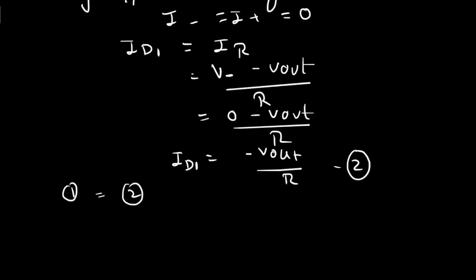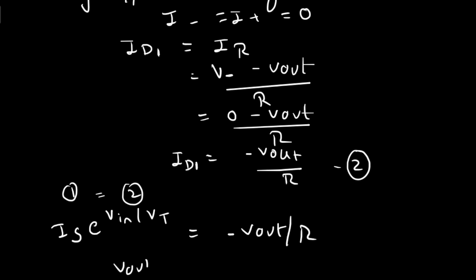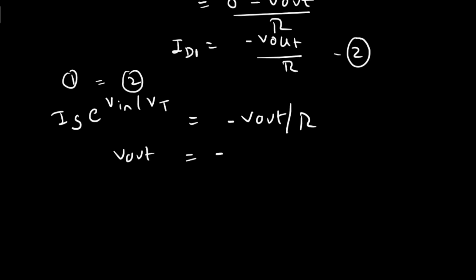So that you can write it as e power V in by Vt into IS is equals to minus V out by R. So that finally V out equals to minus IS into R e power V in by Vt.